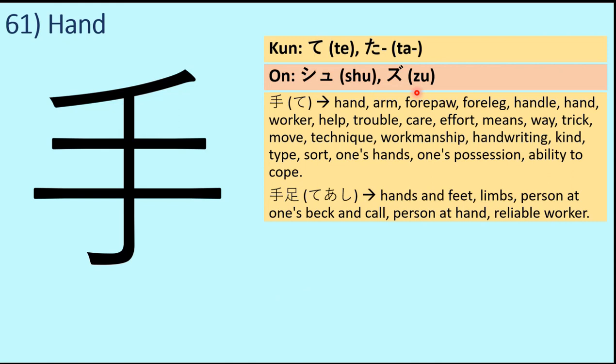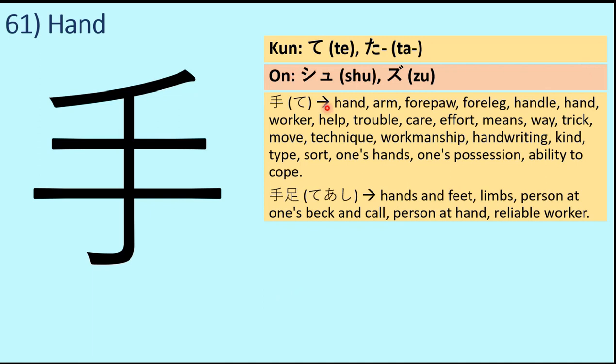Going to the meaning, in Kun'yomi the meaning of te is hand, arm, forepaw, foreleg, handle, hand, worker, help, trouble, care, effort, means, way, trick, move, technique, workmanship, handwriting, kind, type, sort, one's hands, one's possession, and ability to cope.